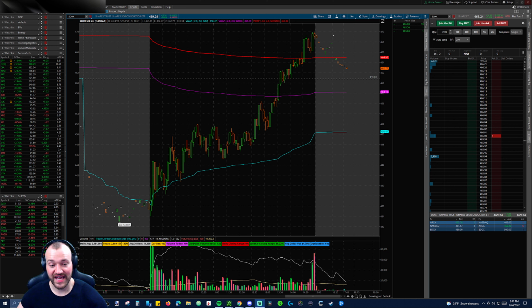I did it the other day on SQQQ. I entered and it was still within my risk parameters, and had I held on to that trade, it would have been an excellent trade. I still have it plotted. So let's look at that one.